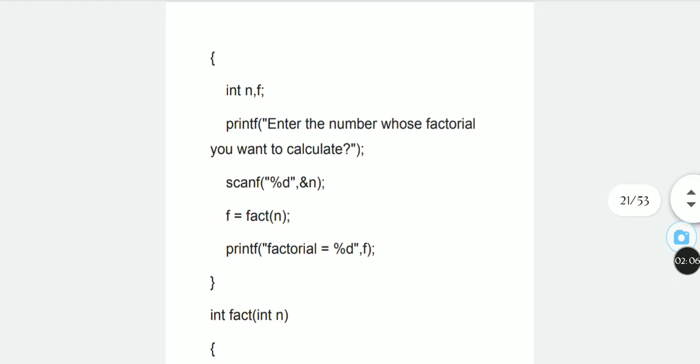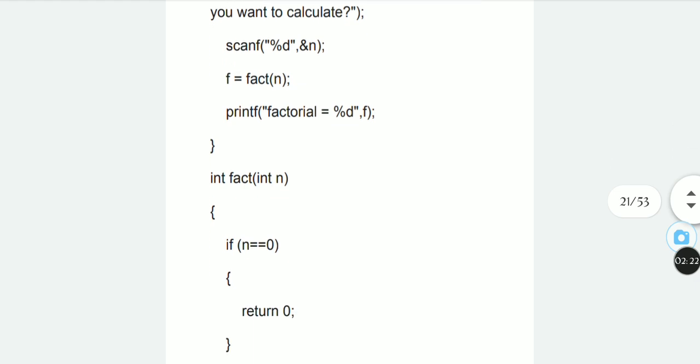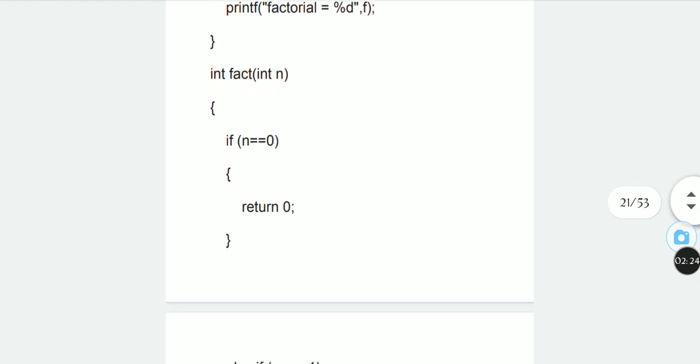Okay. Here fact(n) is a function. When the program is in the main function and reaches fact(n), it will go to the function definition. That is, I define a function int fact(int n).